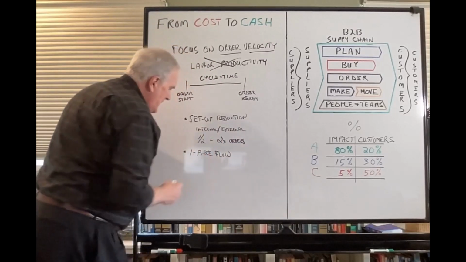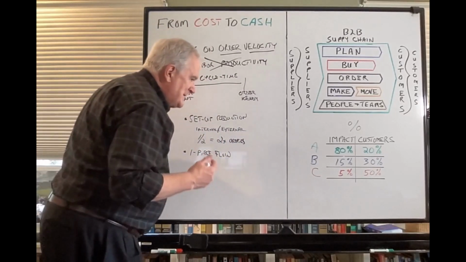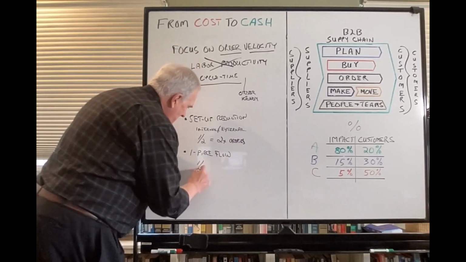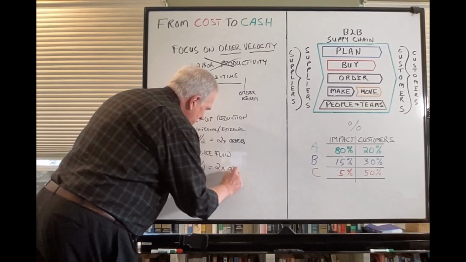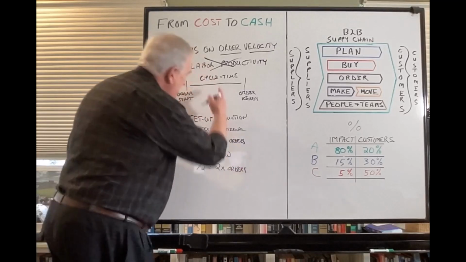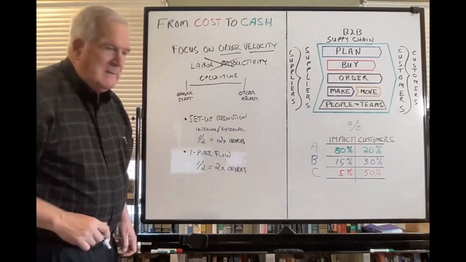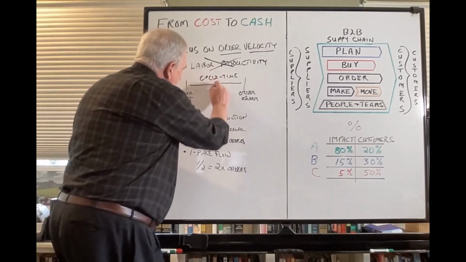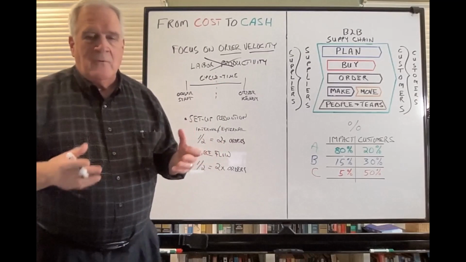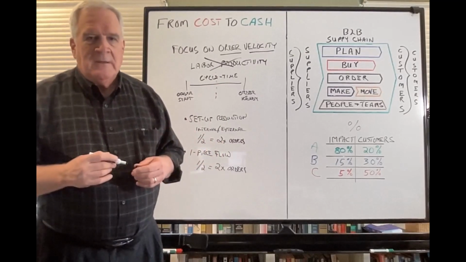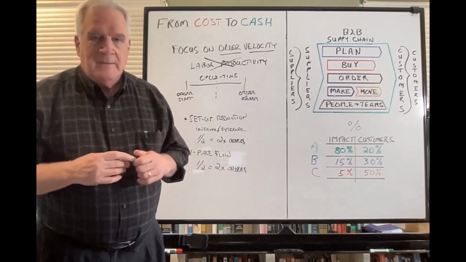So if we cut the batch in half again, we will be able to run 2 times the number of orders in the same amount of cycle time that we did before. So we've cut the cycle time in half. And we can process and ship and bill for twice as many orders, roughly, that we did in the past.